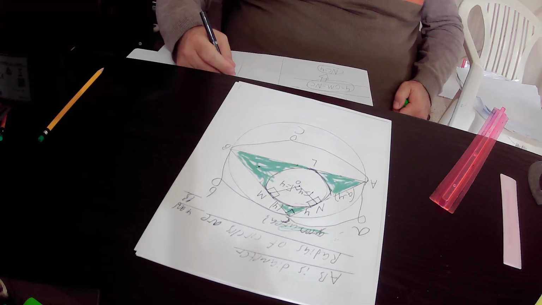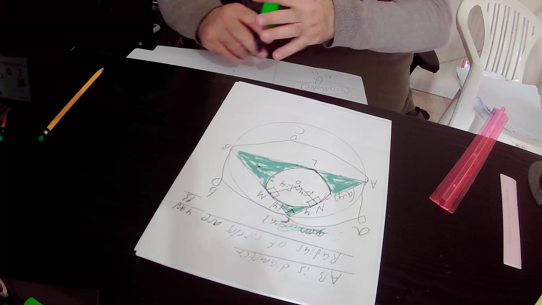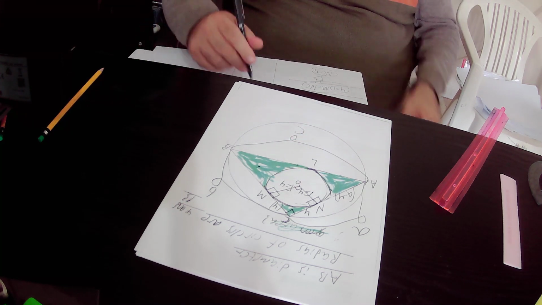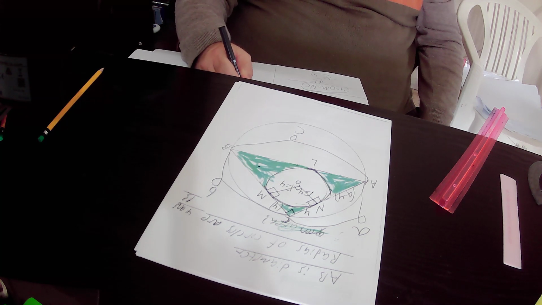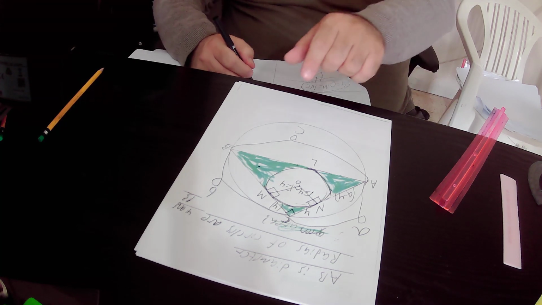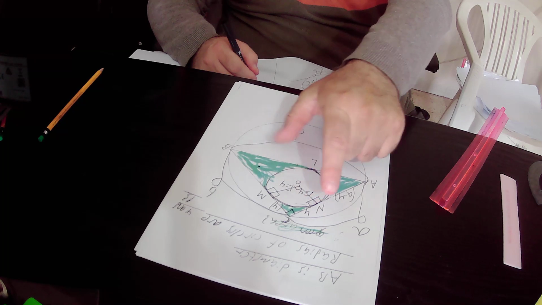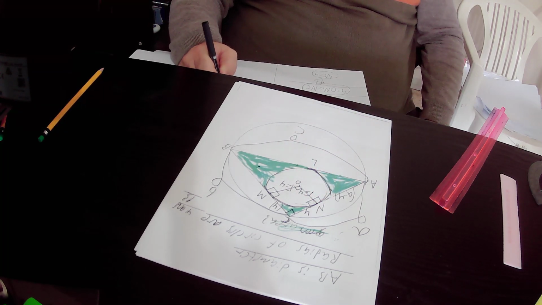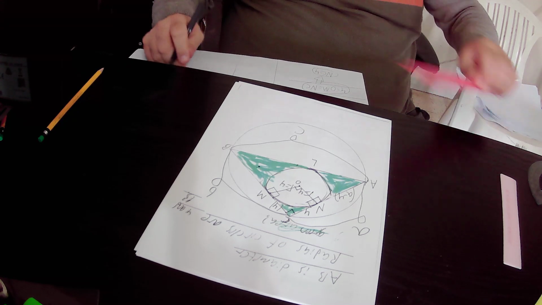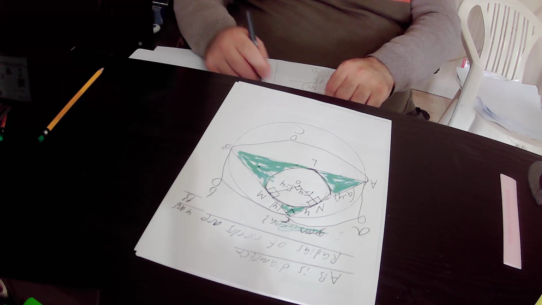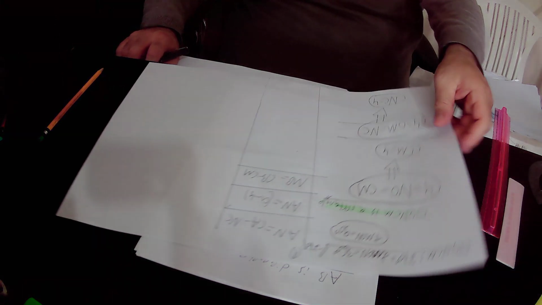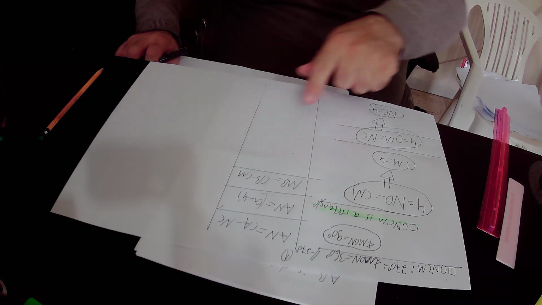Likewise, we find out the length of line segment MB. It is very easy to see from the drawing that MB equals CB minus CM. I'll repeat again. MB equals CB minus CM.